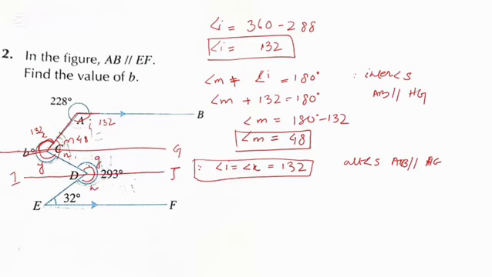and H. As we can see, H and this angle FED are both interior angles between the lines IJ and EF. So the sum of these two interior angles would be 180 degrees. So angle H plus angle FED is equal to 180 degrees, since they are interior angles and EF is parallel to IJ.